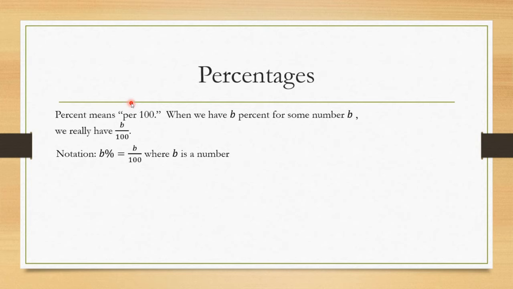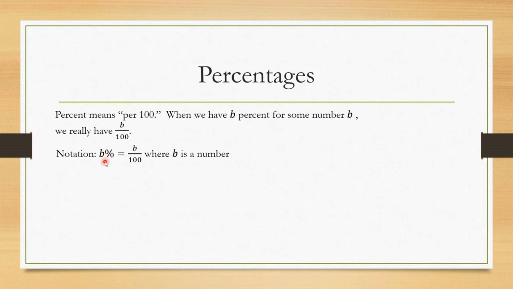And when we have, this is part of the definition, but when we have B percent, B is just a number. It could be 10, 2, whatever. Really what you have then is B over 100, kind of like what we saw with conversions. When you have per, that's like a fraction. As a decimal, this is the same as moving the decimal 2 spaces to the left, when you divide by 100.